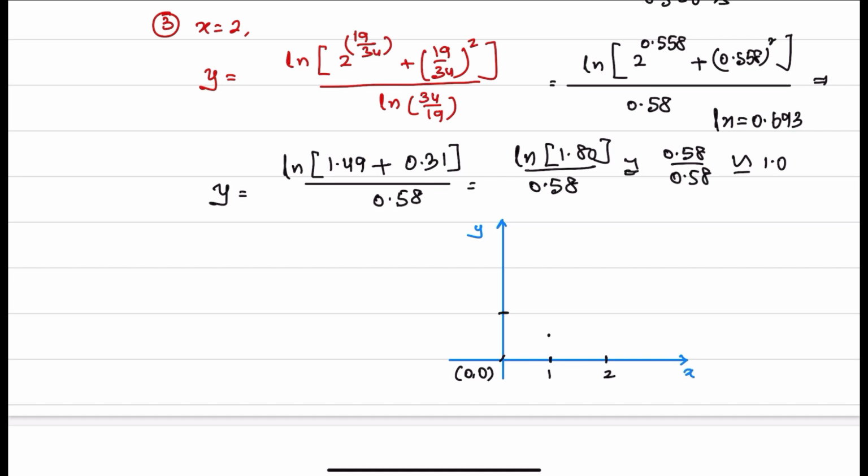And at 2, it is 1. That means this is a little high. Let us put it on a little higher side. Now we can define the shape. 3 points are there. Shape is like this, exponential. That means this is the shape of the curve. Now, at least 3 points have come. We got the shape with us.